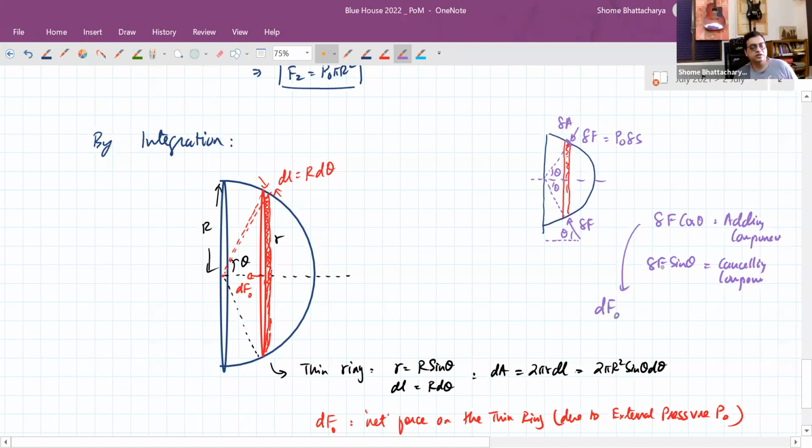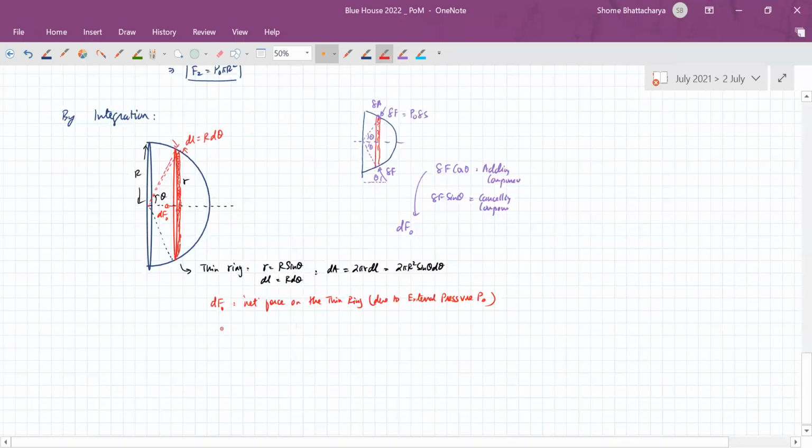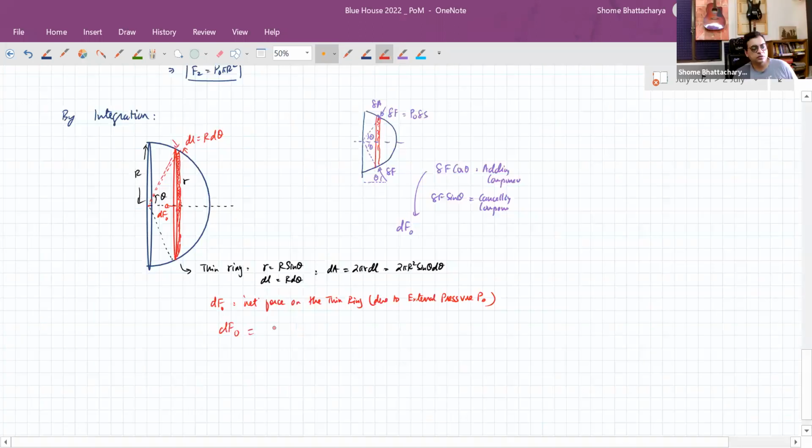So this dF naught over here will be the summation of delta F cos theta for the entire ring. So that will become P naught into area of the ring's cos component.